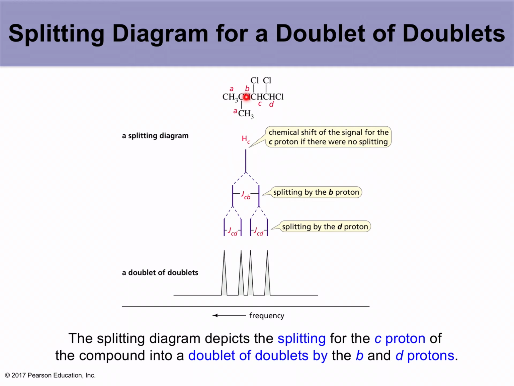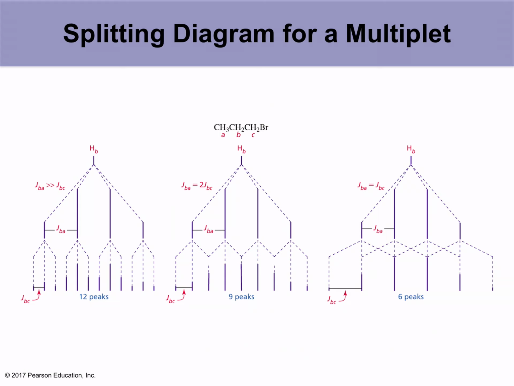Then due to the B hydrogen, this would split into a doublet, and each one of these is again split due to the D proton, so that generates a doublet of doublets. The splitting diagram depicts the splitting of the C proton into a doublet of doublets by the B and D protons, and this is different from a quartet. So this is the splitting diagram for a multiplet.